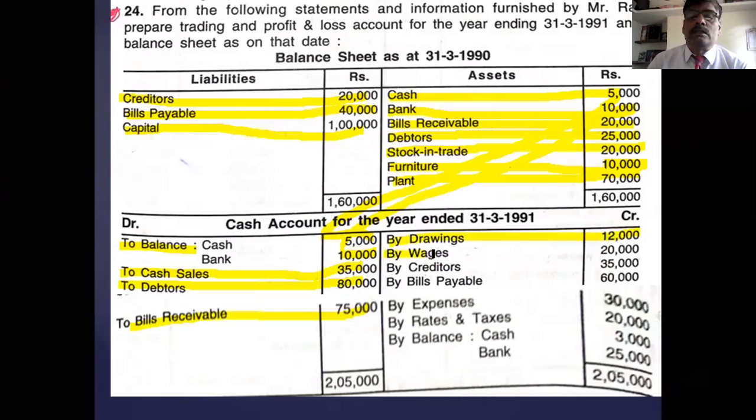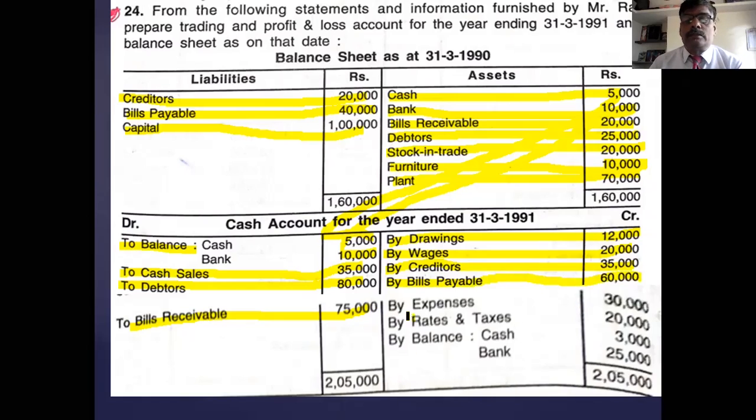Next is wages. Wages goes to trading account debit side. Then creditor. Creditor goes to creditor account debit side to cash. Bills payable goes to bills payable account debit side to cash.